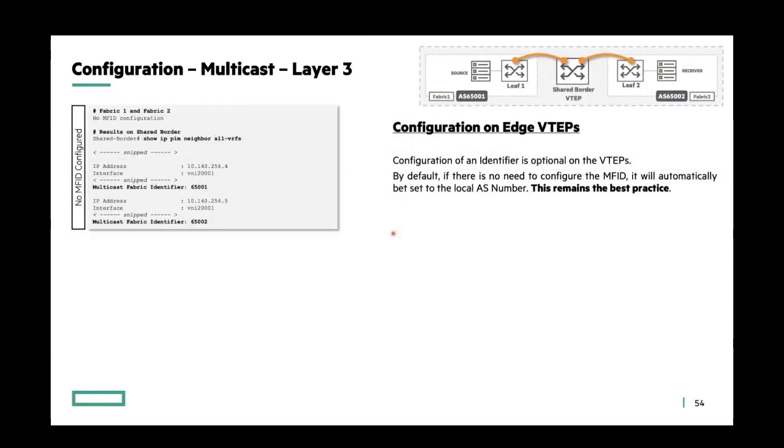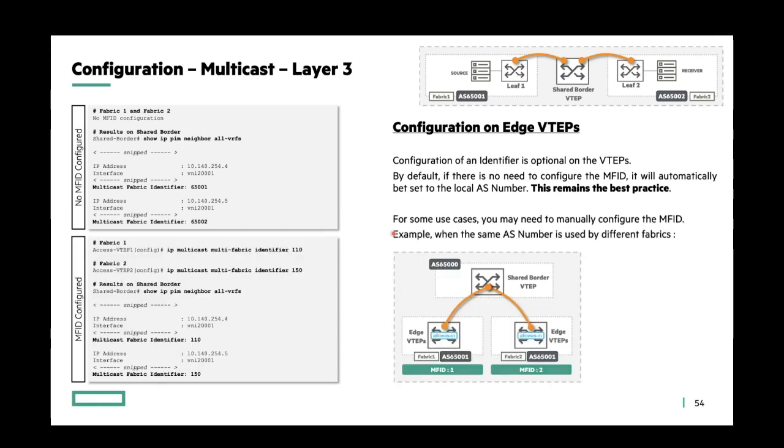As we have seen in previous slides, the manual configuration of the multicast fabric identifier is not mandatory. It's even preferred to let the device take its own AS number, avoiding any misconfiguration. But in certain cases, you may need to configure it. One example, as you can see on that slide, is when you have the same AS number used by different fabrics.